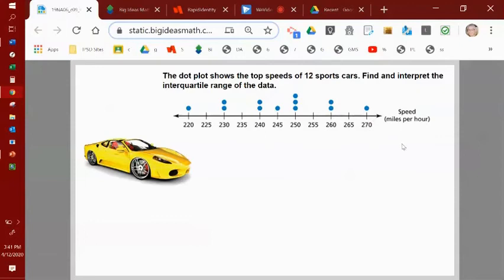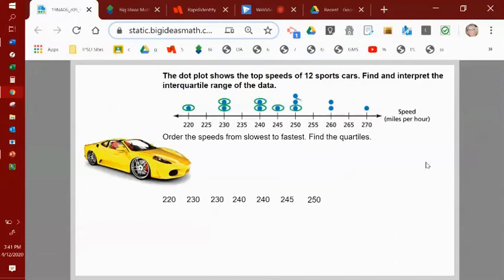So we are trying to determine the interquartile range. To do that, we first need to organize our data so that each one of our dots is arranged from the slowest speed up to the fastest speed of 270.